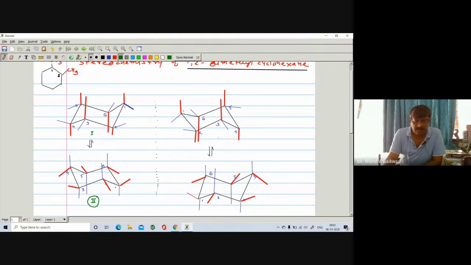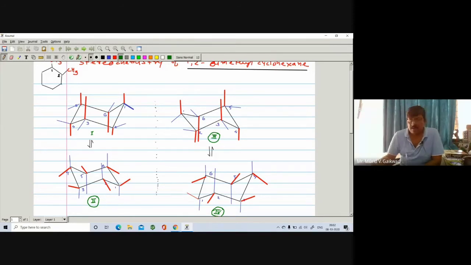Structure number 3 is a mirror image of 1. Similarly, structure number 4 is the mirror image of the second structure. So in this way, you have drawn the axial and equatorial bonds in structures 1, 2, 3, 4.